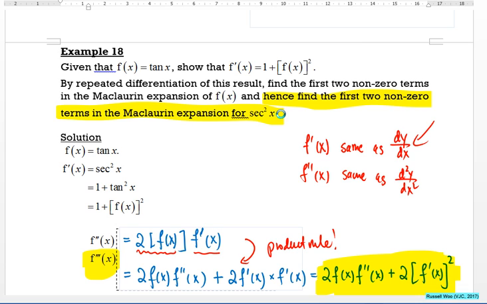How do I do it? You actually found the Maclaurin's expansion for tan x. You've got to find the link between tan x and sec squared x.